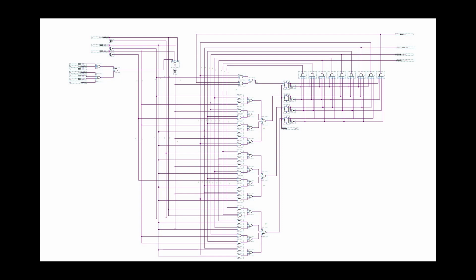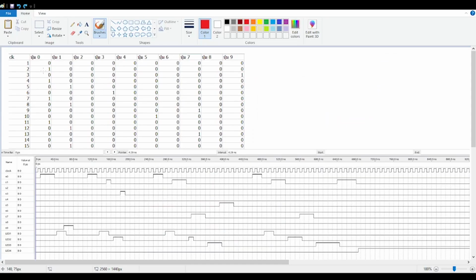So this is my Quartus design, and this is my trace vector and timing diagram. On the first clock, I didn't press any button yet, and on the second clock I press 0, so the LED is on. Next clock I press button 9, so the LED is off.